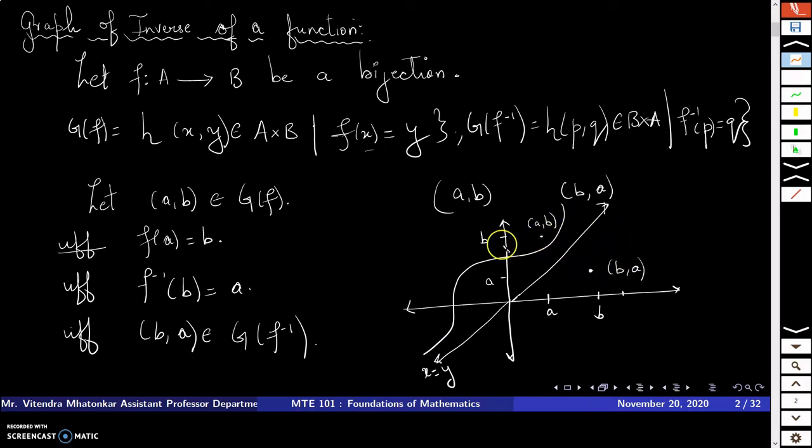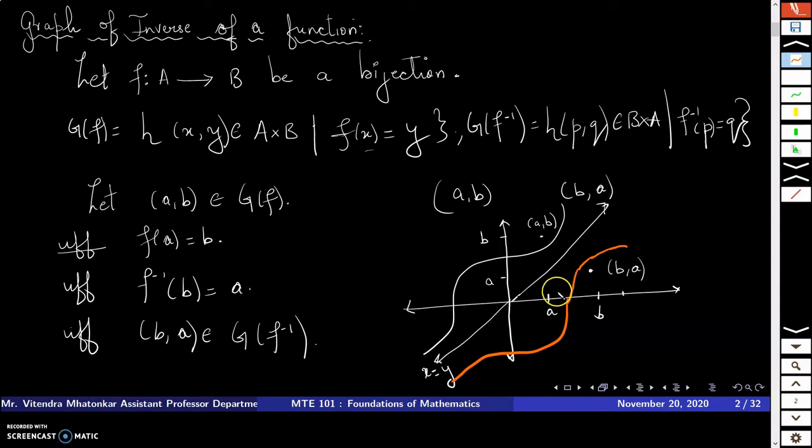If this is the graph of f, the white one, then the graph of f inverse will be somewhat like this. So it will be the reflection of the graph of f about the line x equal to y. I hope that's clear.